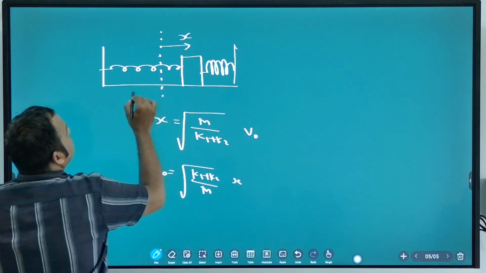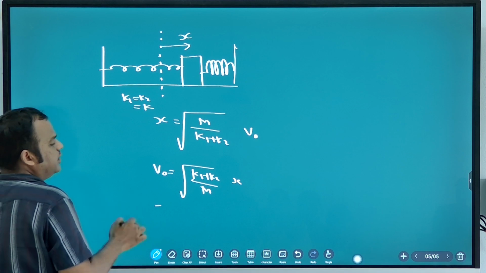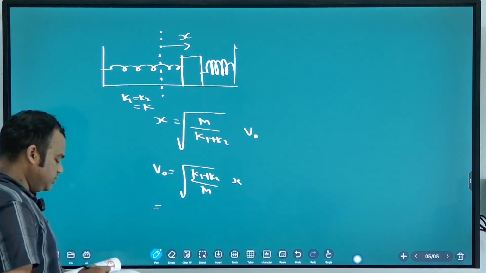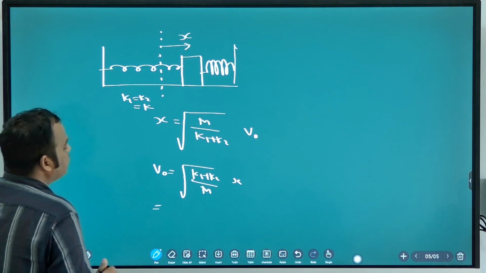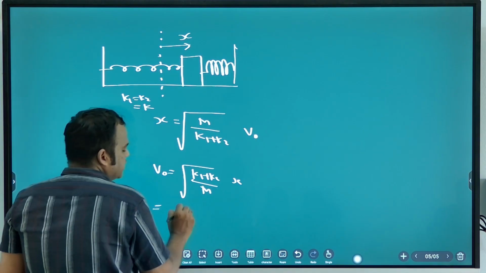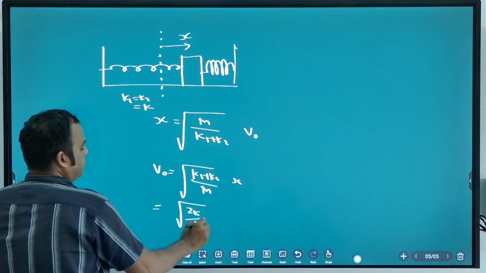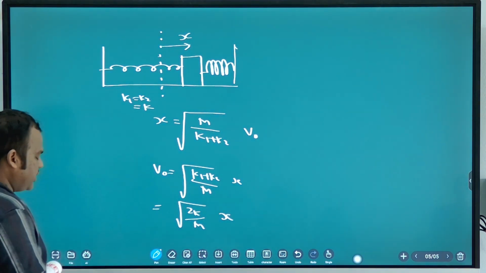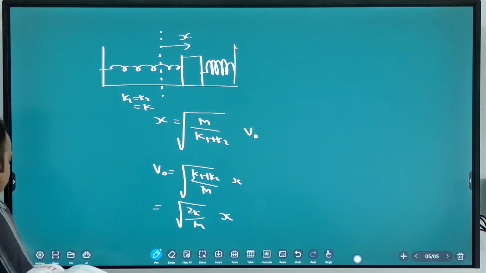Now k1 and k2 both are equal. How much? k. Look at the question. Two springs both have spring constant k. So what is the answer? Tell me. Correct. 2k by m into x. Square root of 2k by m into x.